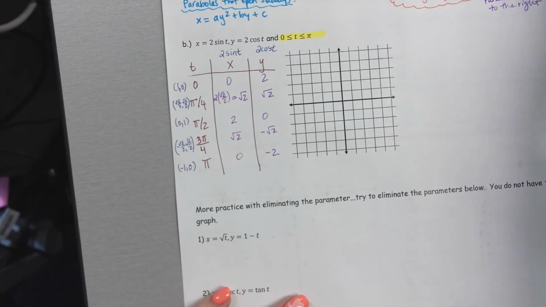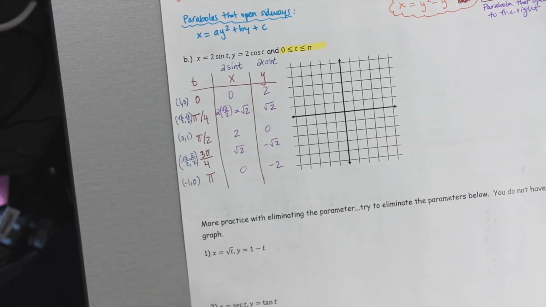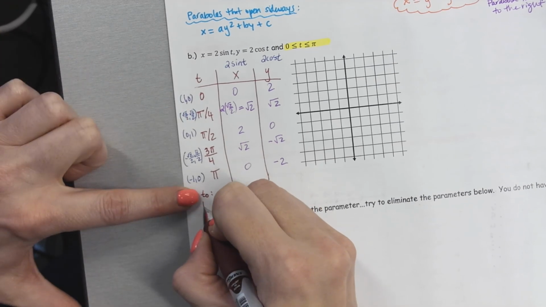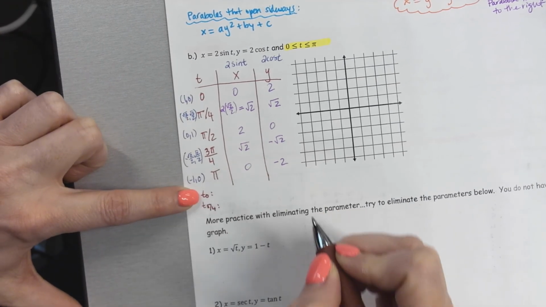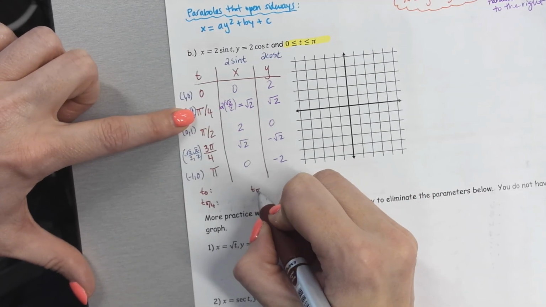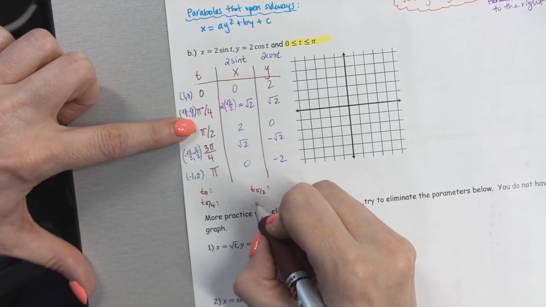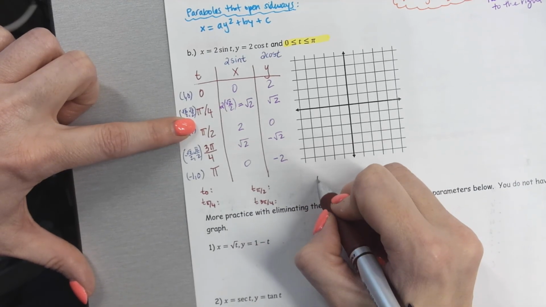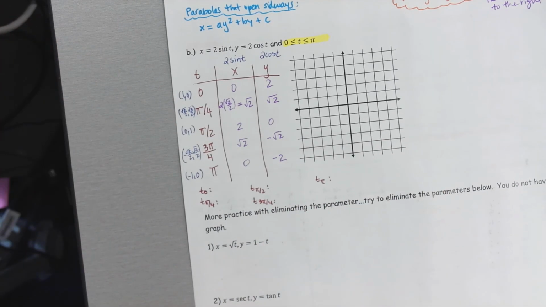Okay, and then we're going to graph these. And so your points are going to be t sub 0, t sub pi over 4. So it's your t value here. That's the little subscript. And then you have the 3 pi over 4. And then t sub pi.